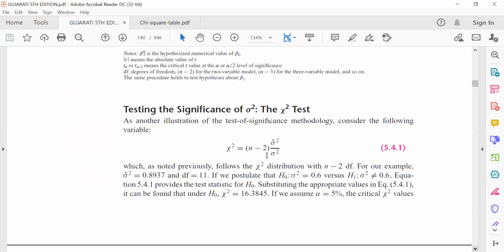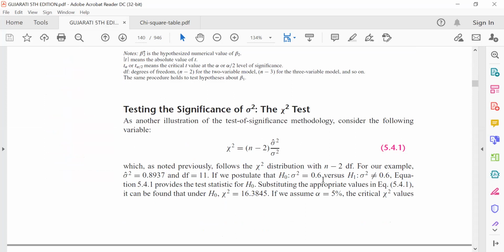This is the same as we calculate for the t statistic. This is testing for sigma square significance level. We use the chi-square distribution. Suppose we assume that the true value of sigma square is 0.6.